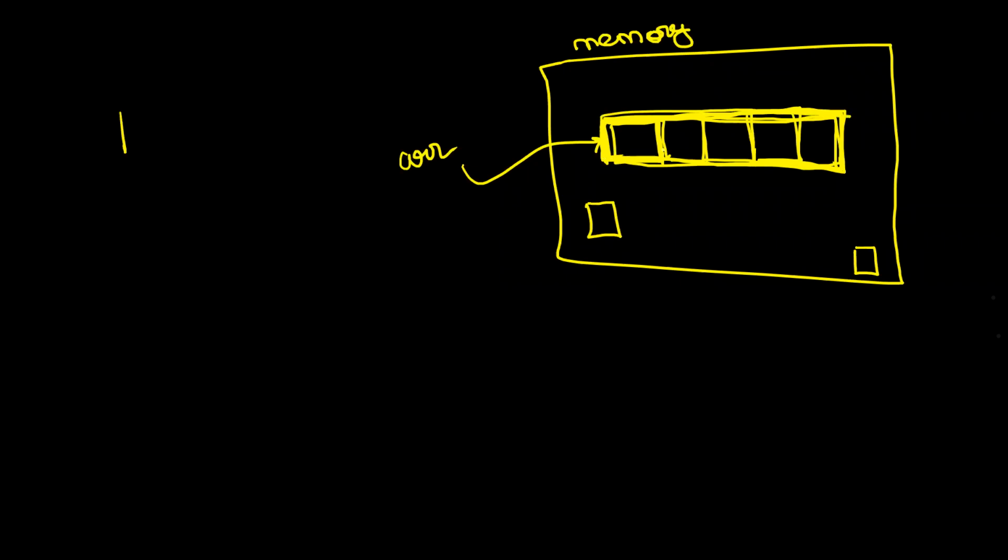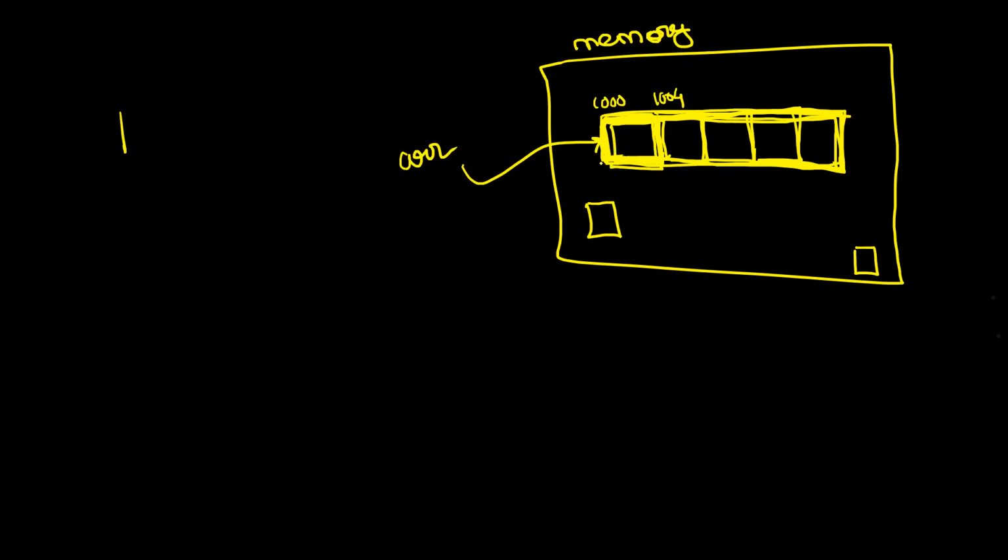So let's say I tell you the location of this particular cell is 1000. The first cell of my array is starting at location 1000. Can I say the second block will start at location 1004, if every block is 4 bytes?